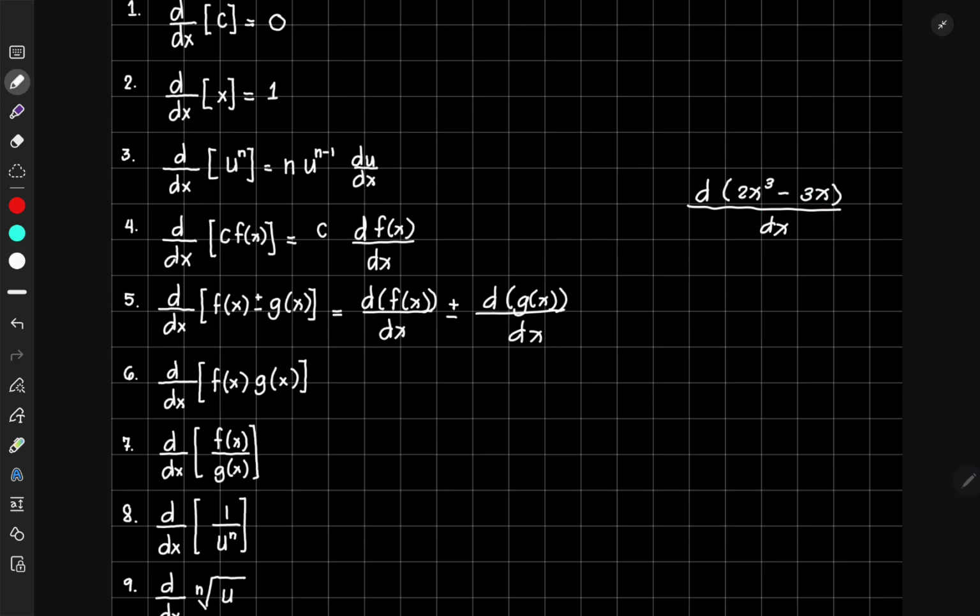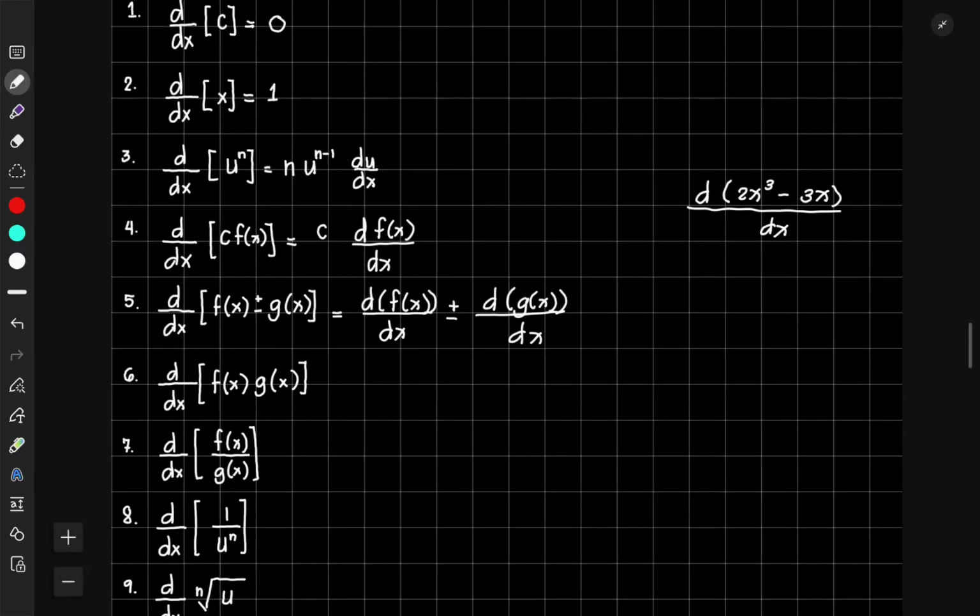So, getting that, we have the derivative of our 2x cubed. So, we have to bring out yung 2. So, power rule lang yung gagamitin natin dito sa x cubed. So, bring down yung 3. Then, x raised to 3 minus 1, or that is equal to 2. Then, minus.